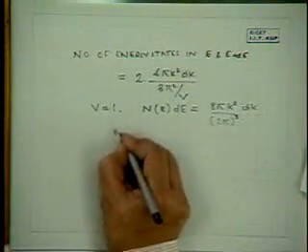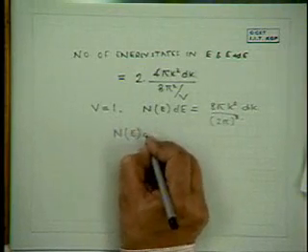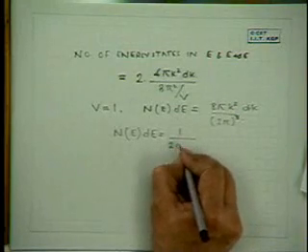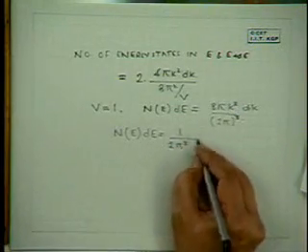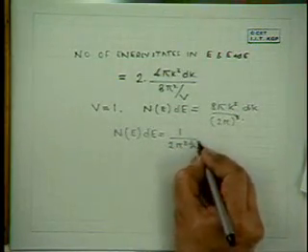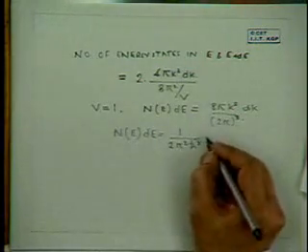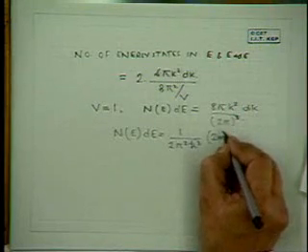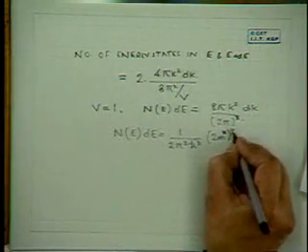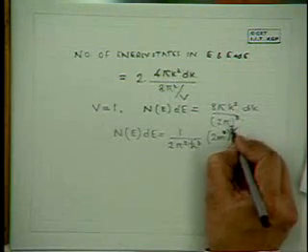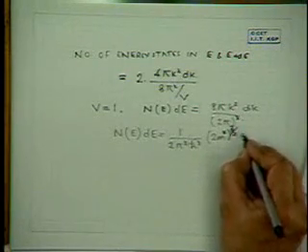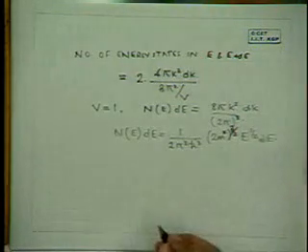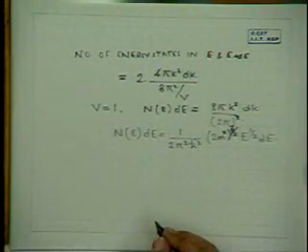or if we rewrite this, N(E) dE is equal to 1 by 2 pi squared into 2 m star over h cross squared to the power 3 by 2, E to the power half dE.